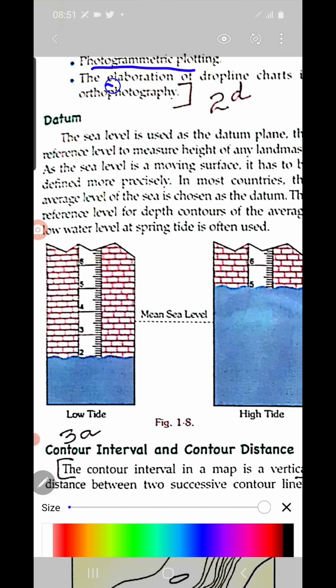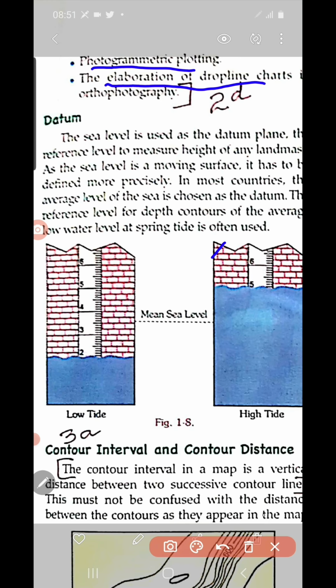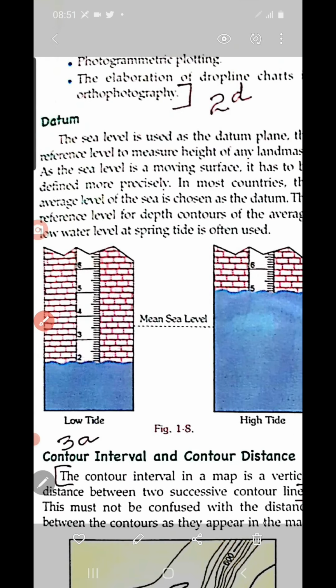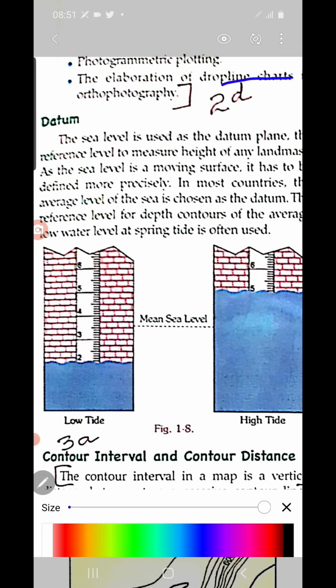Then next is the elaboration or drop line chart of orthophotography. Again they elaborate on whatever study they have made, the scale and photograph, and they study that particular feature elaborately. And a drop line chart is also there. Different kinds of charts are also used in order to make their study accurate.